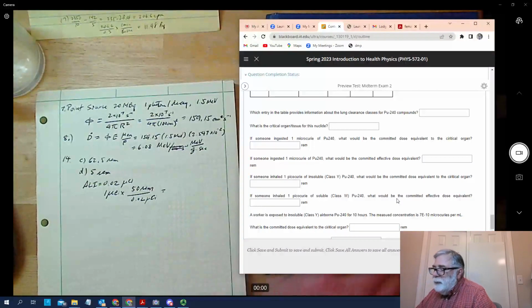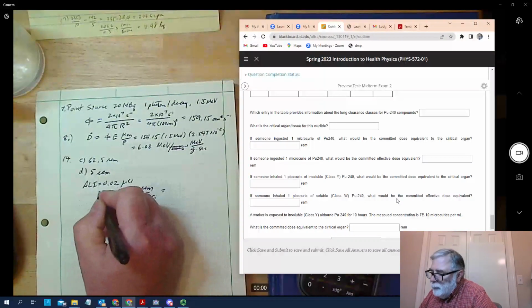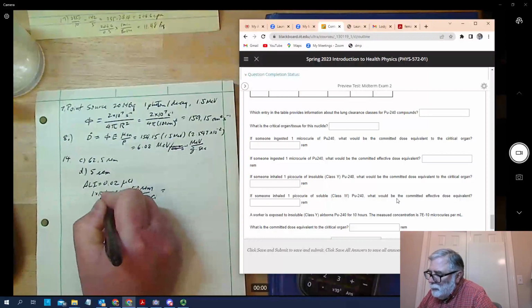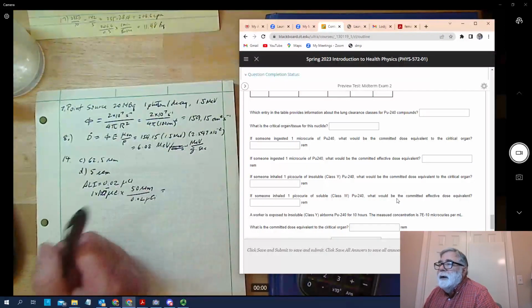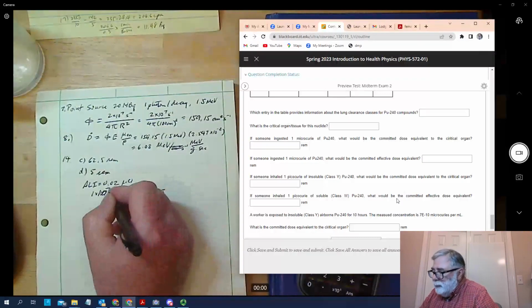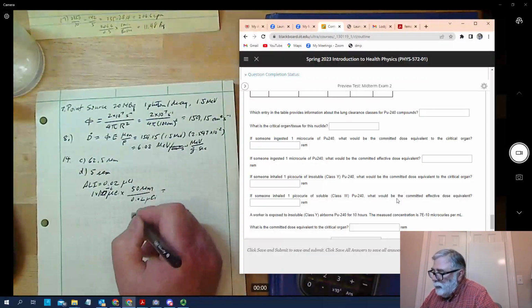It's going to be a big number. Oh, this is picocuries, not microcuries. So it's 1 times 10 to the minus, micro, nano, pico, 10 to the minus 6 microcuries.